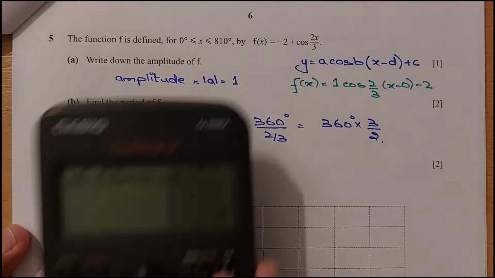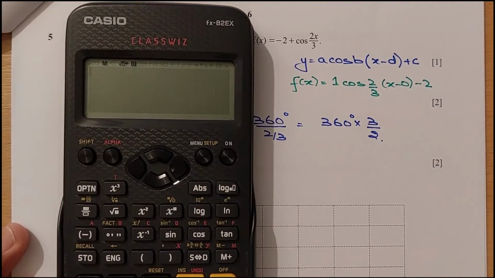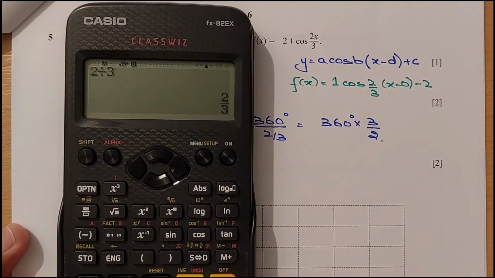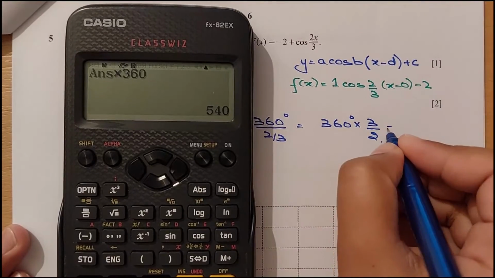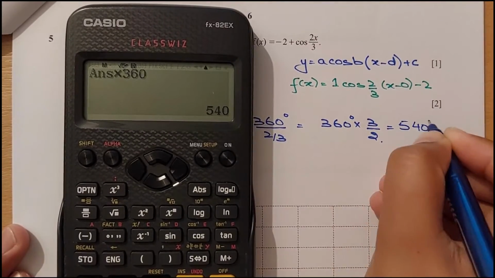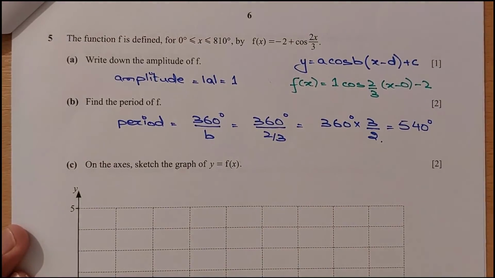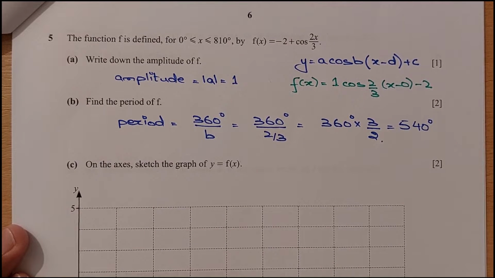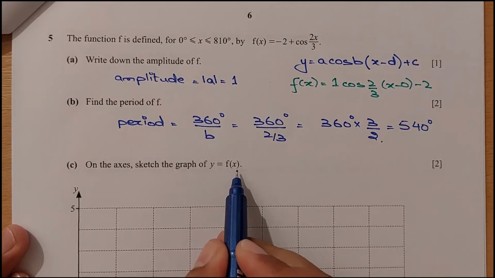Let me simplify this. 3 divided by 2, multiplied by 360, is 540 degrees, the period for this sinusoidal function, right?